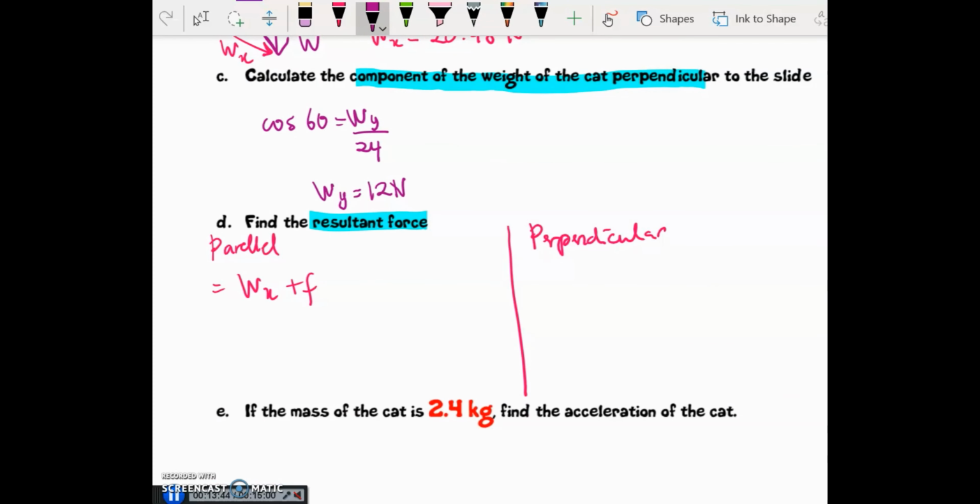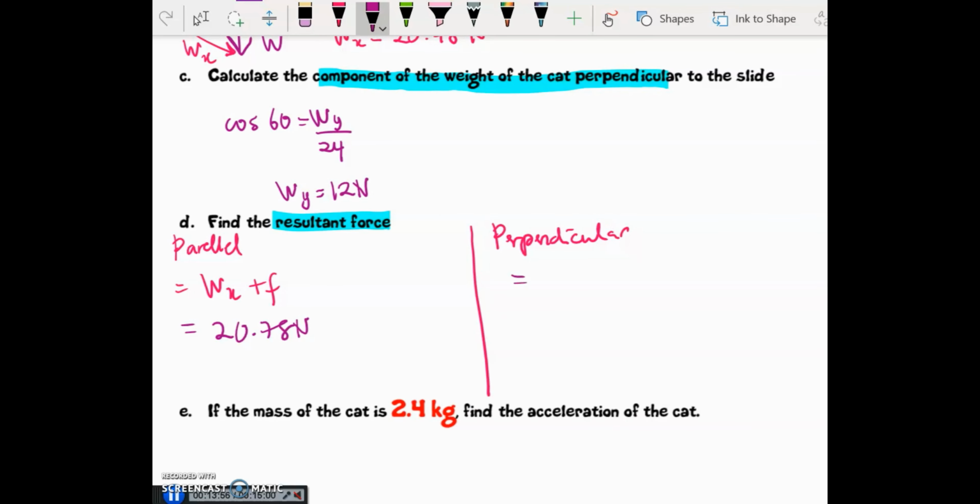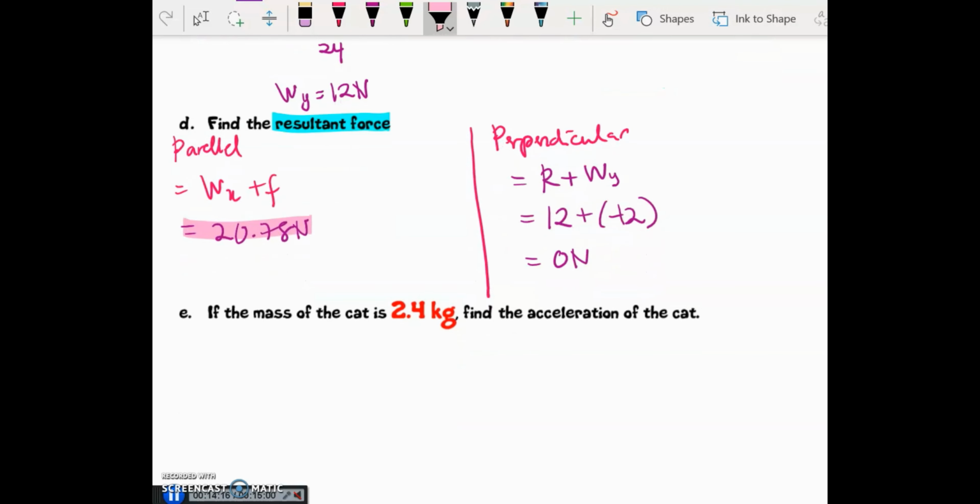Since there is no friction, so friction is 0, then wx is simply 20.78 Newton. Whereas for perpendicular, it is r plus weight. So resultant force is r, and wy is negative 12 Newton. Since the direction is downward, so we get 0 Newton. So the resultant force is 20.78 Newton.